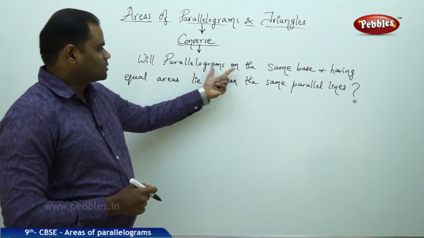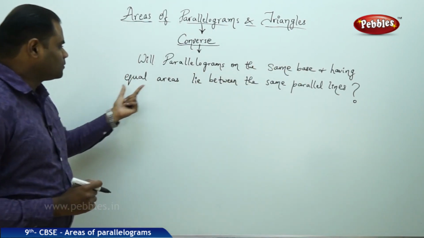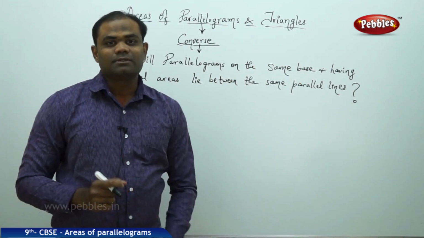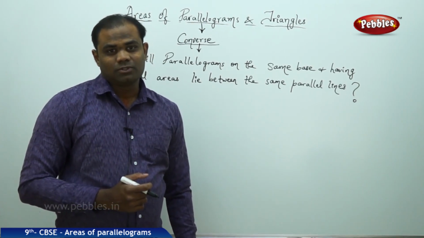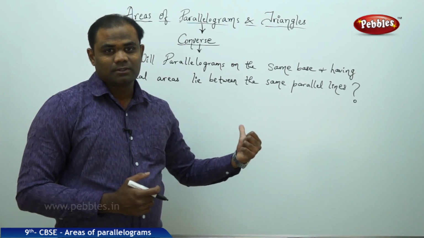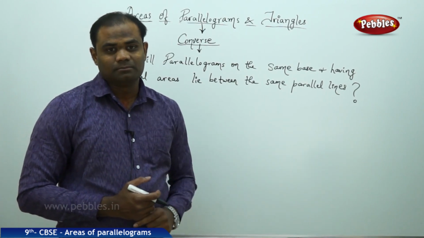Will parallelograms on the same base and having equal areas lie between the same parallel lines is the biggest question here. So let's see the converse of the previous theorem.